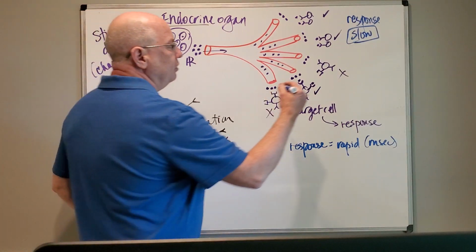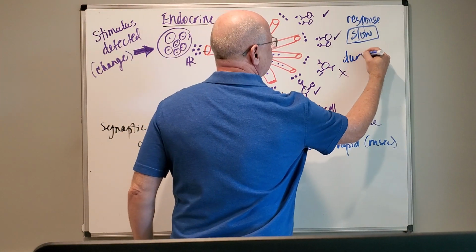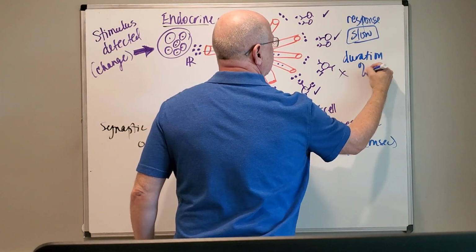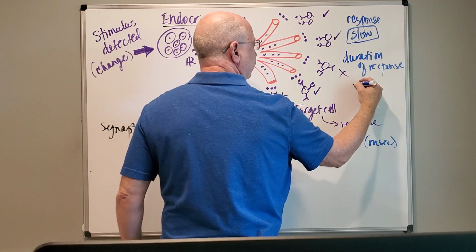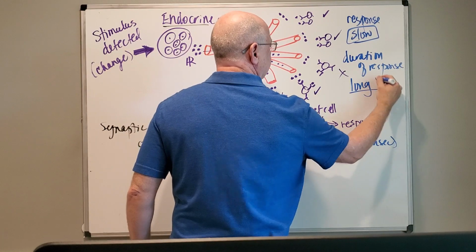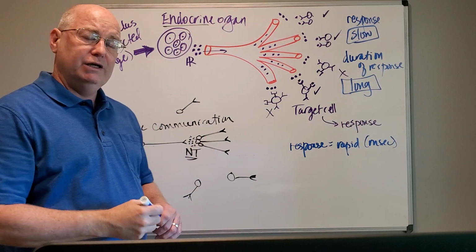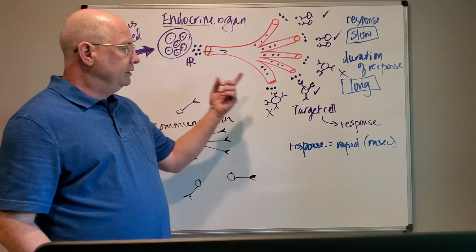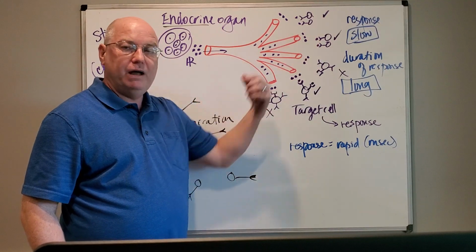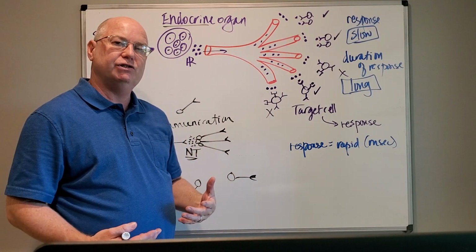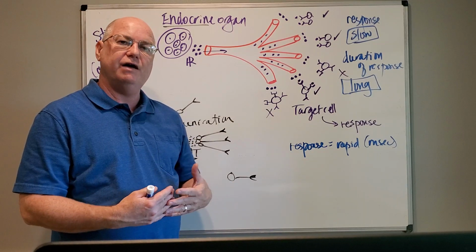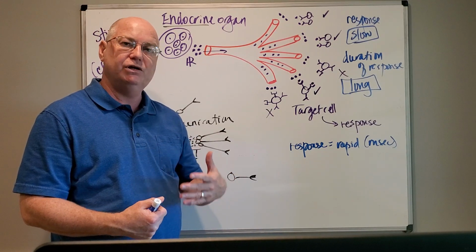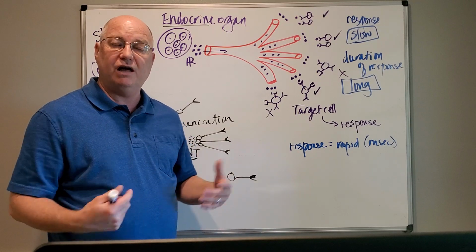Now, another thing we know is that the duration of the response for hormones and endocrine is very long. They have a very long duration. As a matter of fact, when these cells get the hormone bound to them, when the target cells receive the signal, they can respond sometimes and release compounds that can have effects that last for days, weeks, months, years, a lifetime.